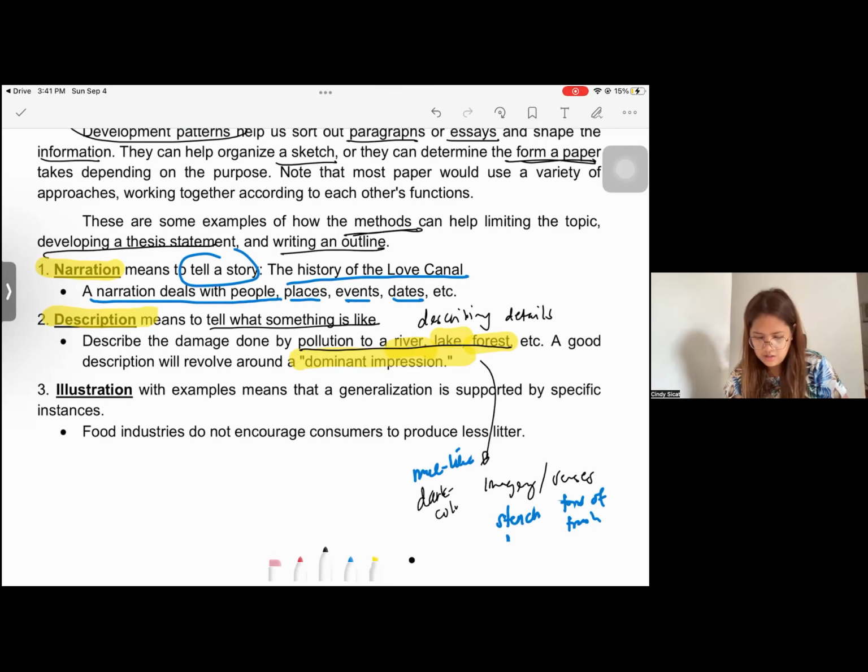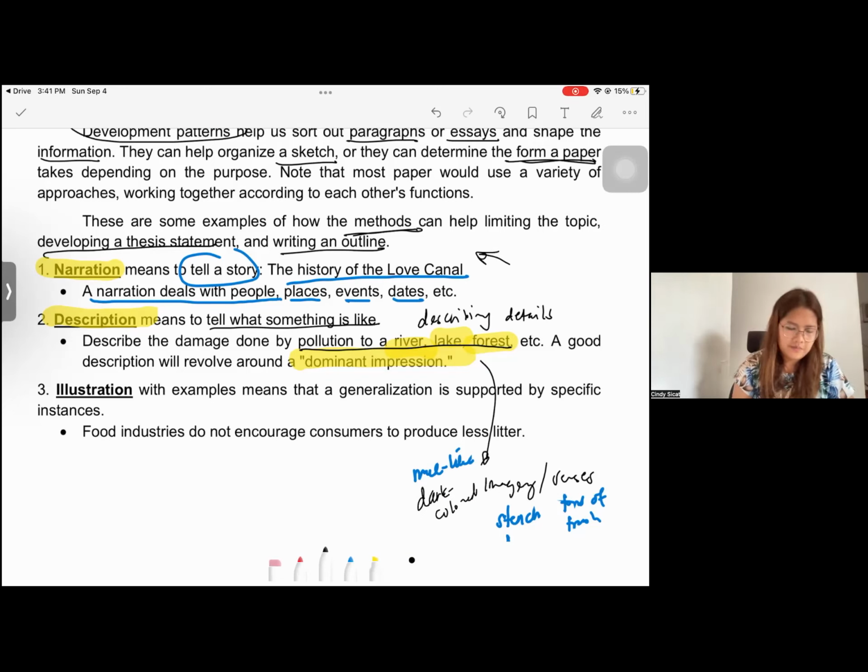And then you cannot actually drink the water from the polluted river because that will be very risky for your health. So I was describing, but I was not necessarily telling a story. So can I describe while telling a story? Yes, you can.